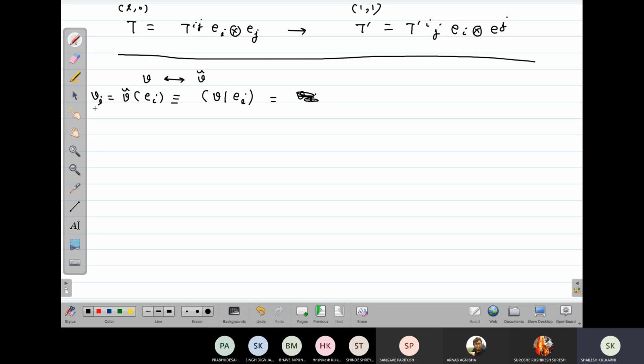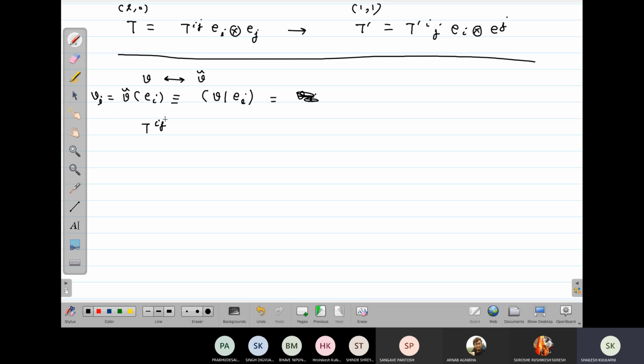So from v^i to v_i. Now in place of v, I have a tensor of rank 20, T^ij. Fine. So now you go back to our previous classes.